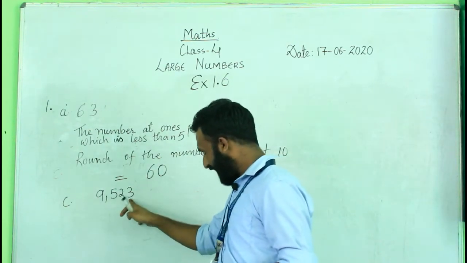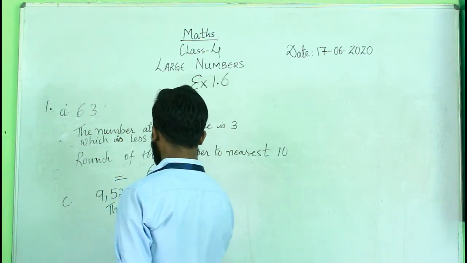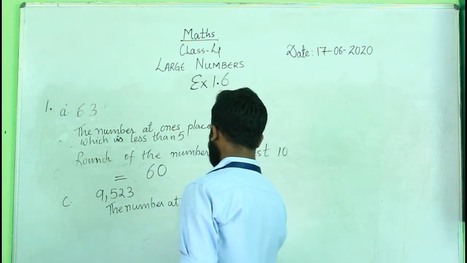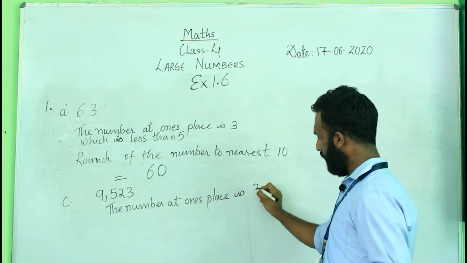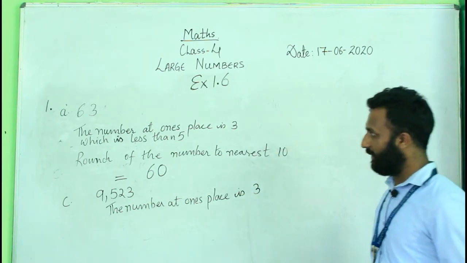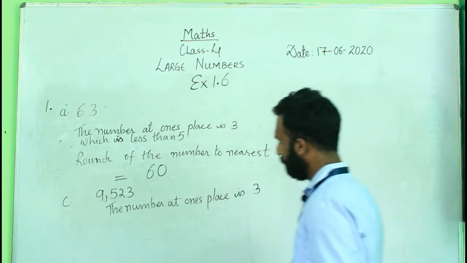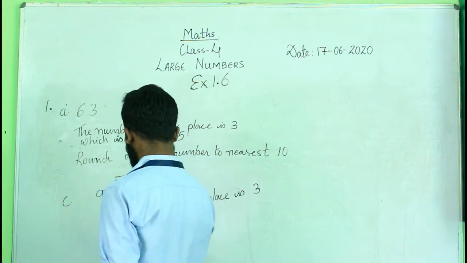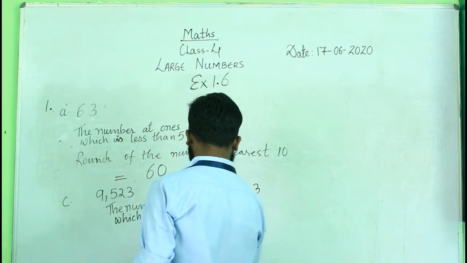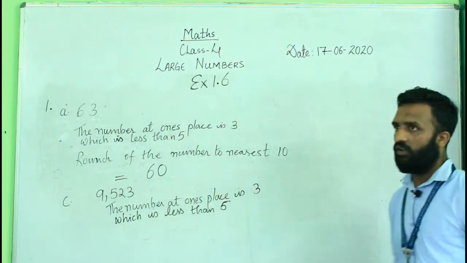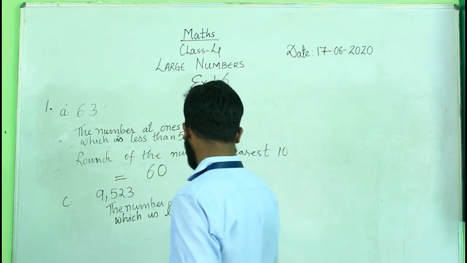See here, the number at the ones place is 3 here, which is less than 5.